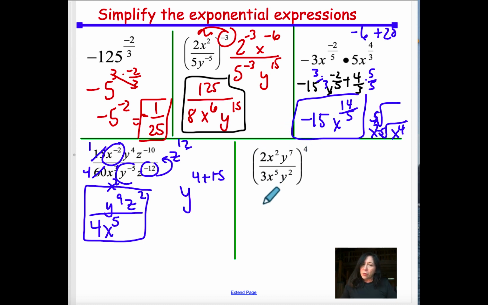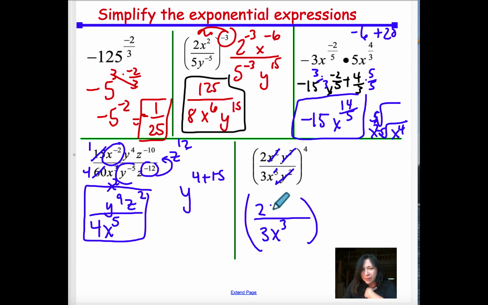Distributing that 4, we're going to get, well, actually, before I do that, I'm going to reduce. So reducing is going to give me, still the 2/3 stays. And reducing, I've got 2 x's canceling with these 5. So that leaves me 3 at the bottom. Canceling 7 minus 2 is 5. So there's 5 y's up at the top.